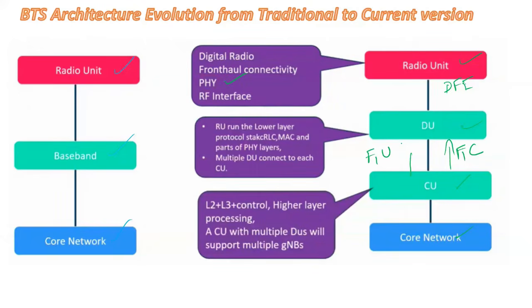The main functions of the CU are transfer of user data, mobility control, session management, etc. The CU controls the operation of several DUs, so one CU can be connected with several DUs, DU1, DU2, and so on, right? The CU allows load balancing between different DUs.